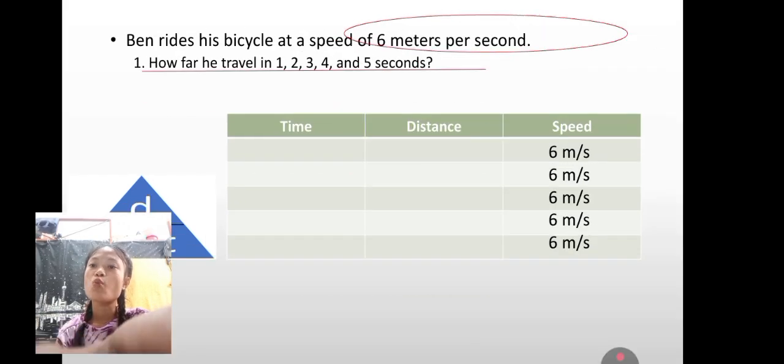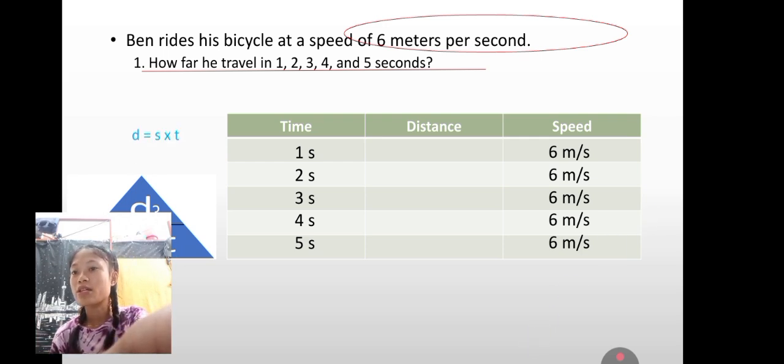How far does he travel in 1, 2, 3, 4, 5 seconds? Mao na time na to. So, ang atong formula will be D is equals to S times T, or speed times time.